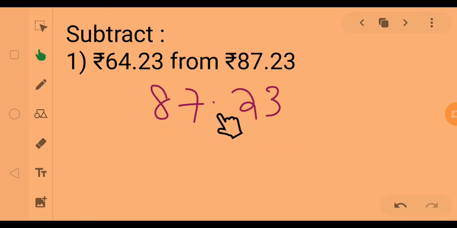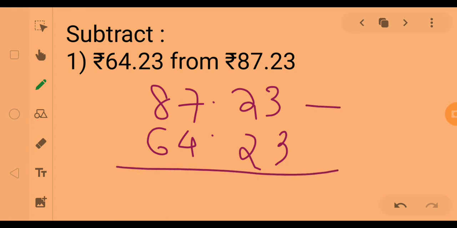So in this problem, from 87.23 we are subtracting 64.23. So 87.23 we have to write first when we write the numbers column wise. Then next number, 64.23 is subtracted.